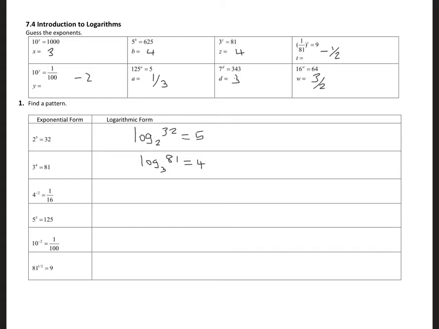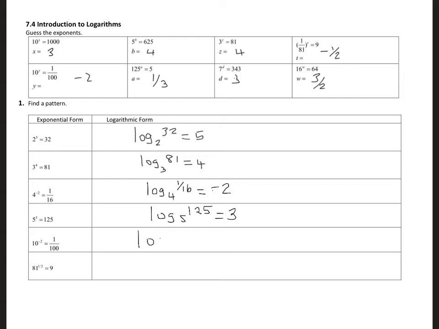The next one, logarithm to base 4 of 1/16 is equal to -2. So again, we are saying 4 raised to -2 is equal to 1/16. Then I go to the next one, logarithm to base 5 of 125 is equal to the exponent.